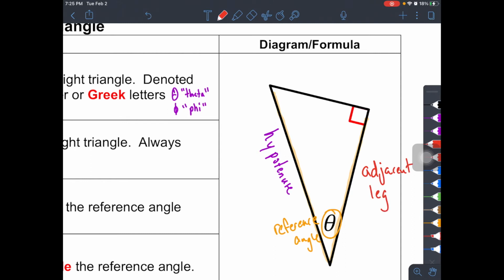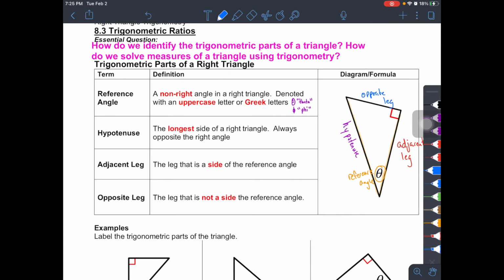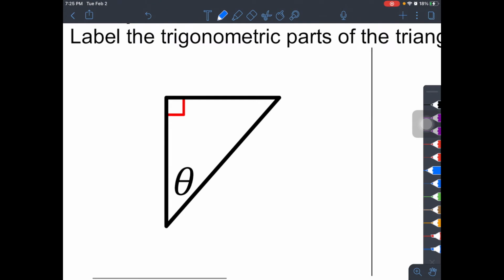Then that leaves that third side for us to be the opposite leg. It's going to be important to be able to label these because then you're going to be able to solve. So let's take a look at some examples, see if we are familiar enough with it.